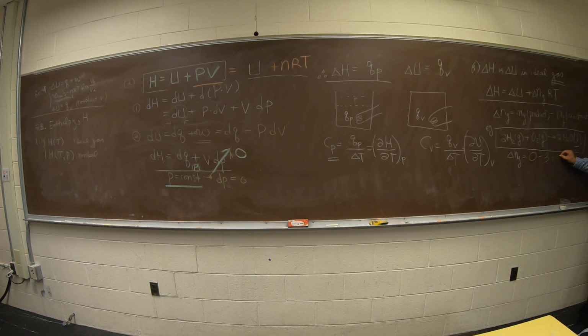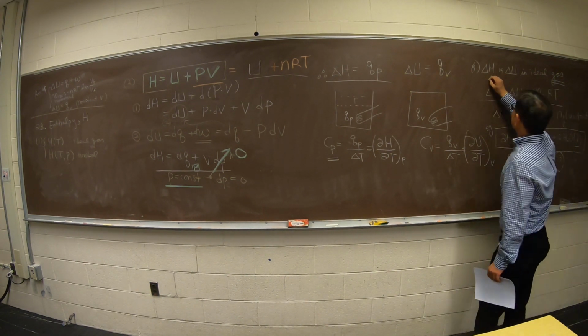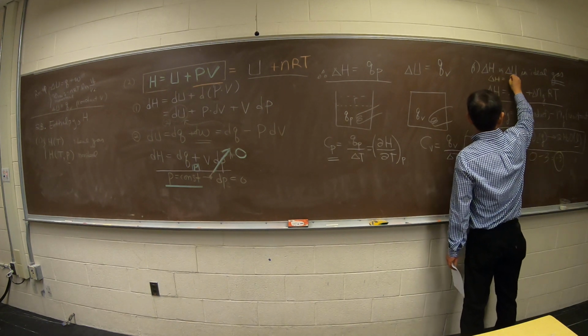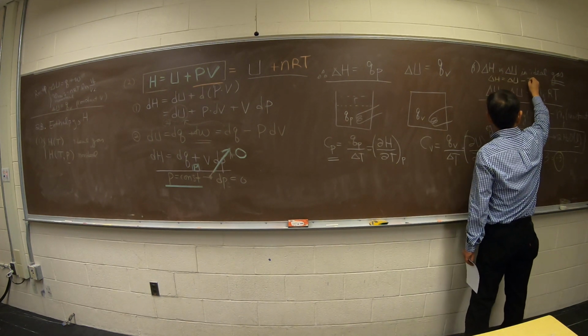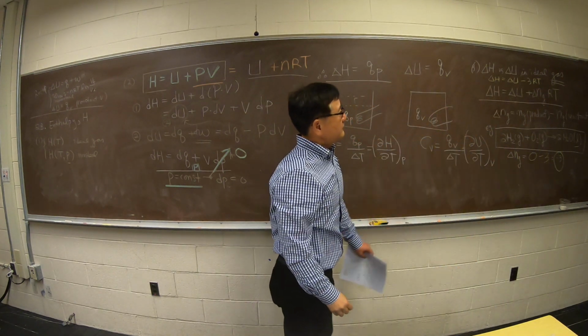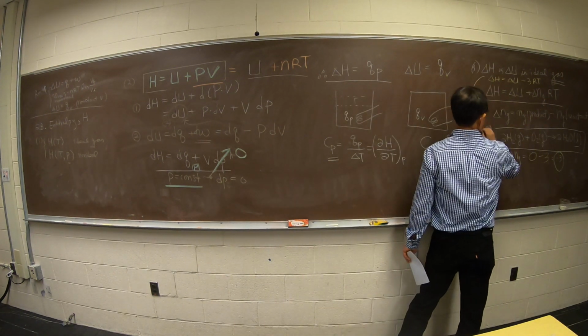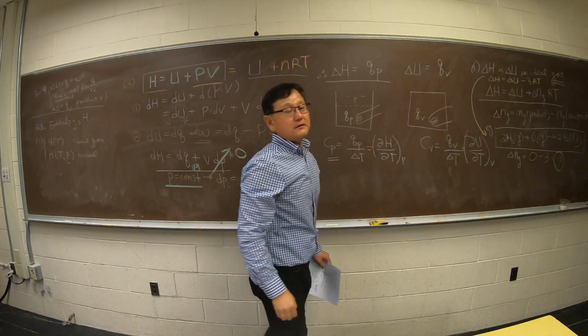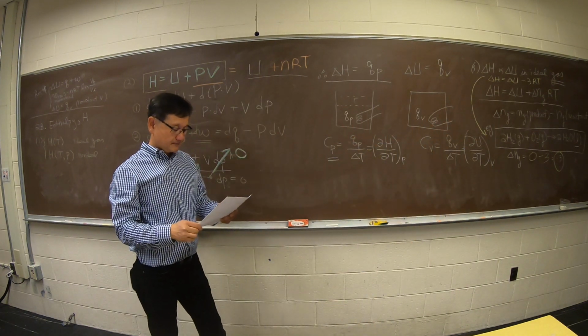So that's a minus 3. So therefore, in this case, delta H equals delta U minus 3 RT. So that's the case particularly for this reaction. Okay?